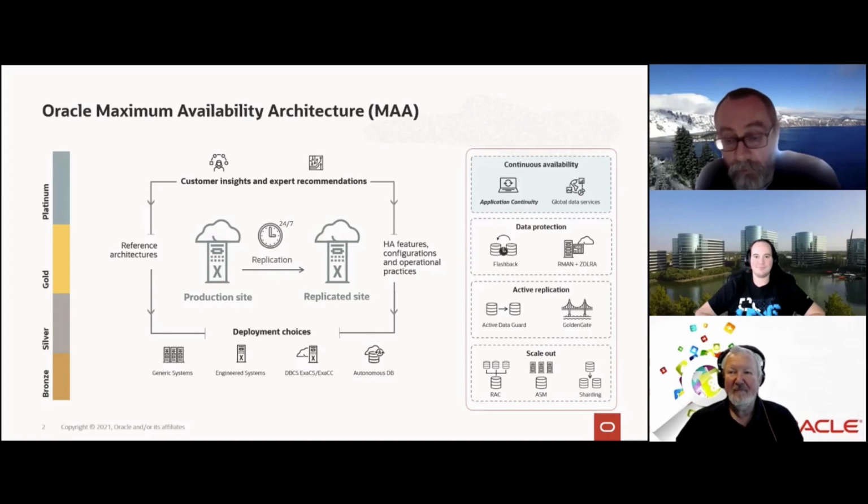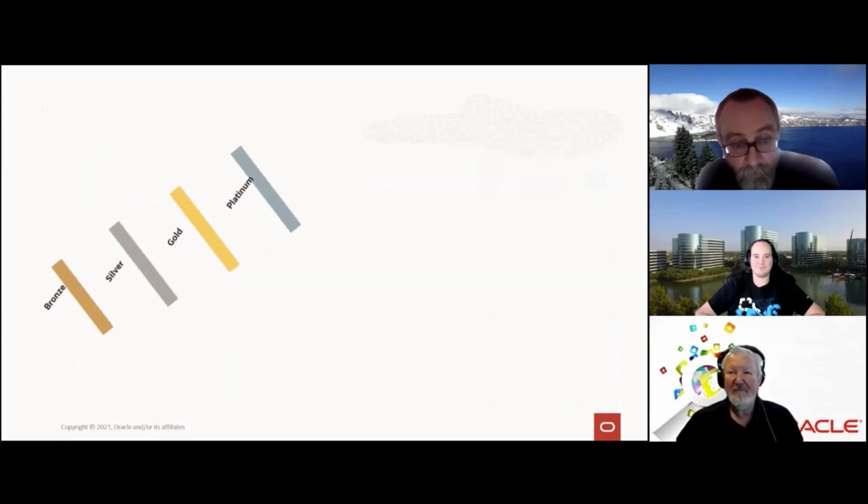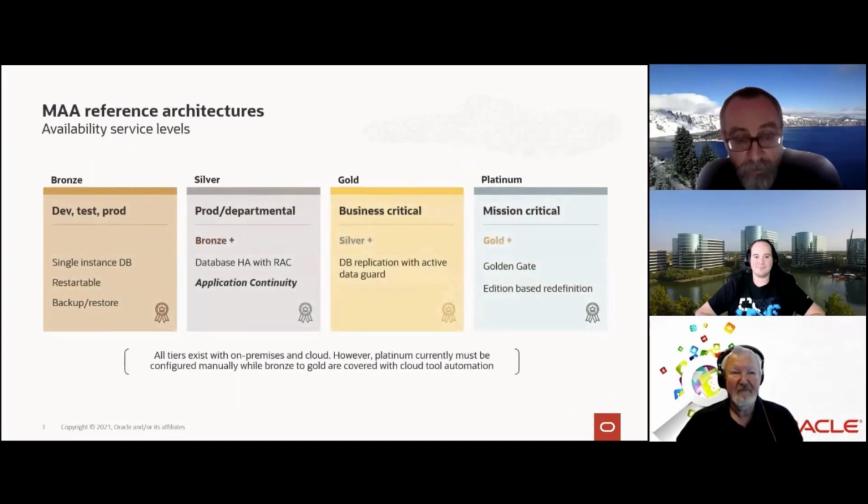We cover all those bases. And just to be clear, application continuity fits into the silver level of MAA architectures, but most typically we see it in the gold, in conjunction with Active Data Guard.